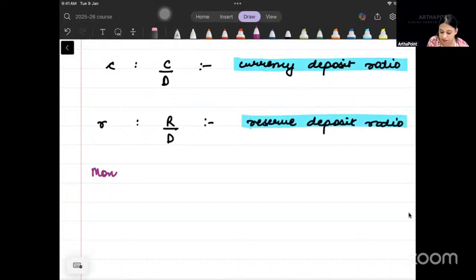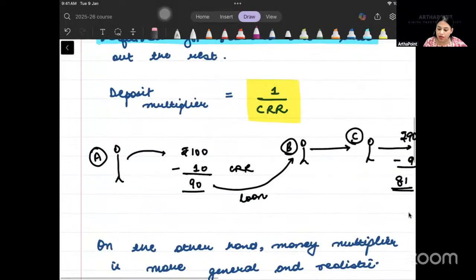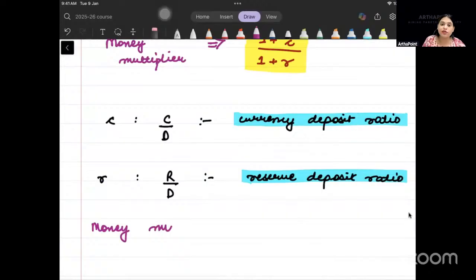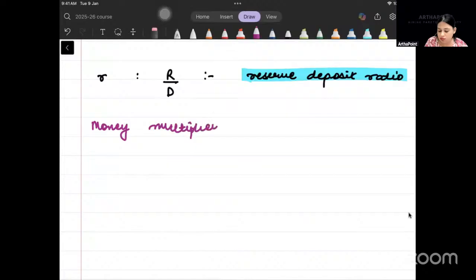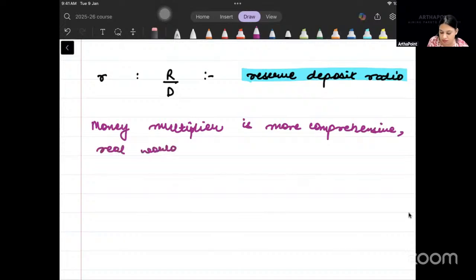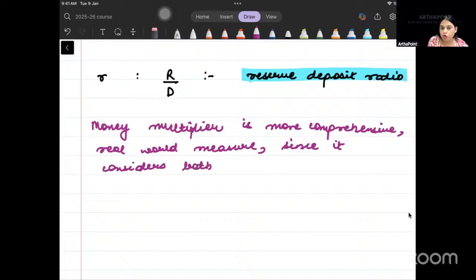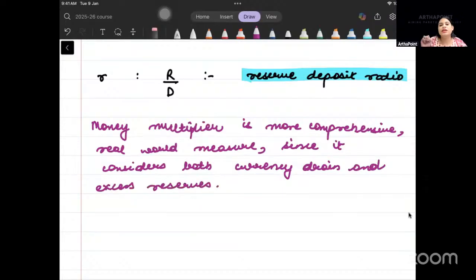So money multiplier is a more comprehensive, real world measure, since it considers both currency drain and excess reserves.